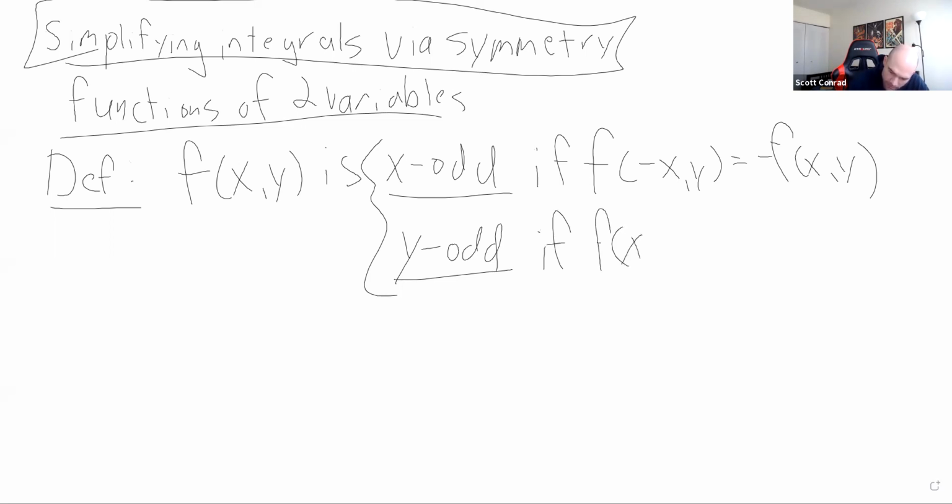If you keep x the same, change y to negative y, then you get negative of the original function. So a function of 2 variables can be x odd, y odd, both, or neither.